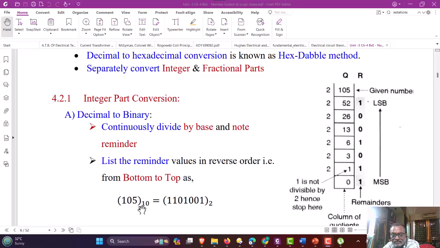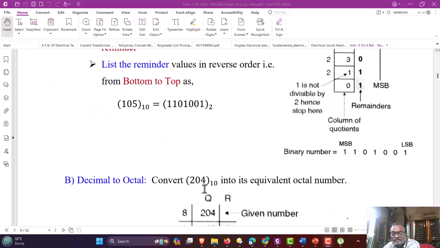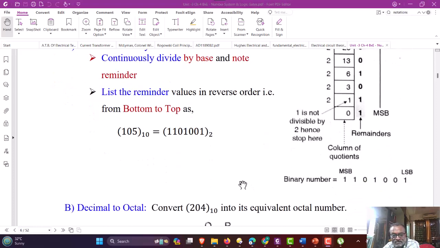So therefore, 105 decimal is converted to 1101001 binary as shown here. So what have we done? We have taken the number, continuously divided it by 2 and noted the remainder. The first remainder is the LSB and the last remainder is the MSB. And the division process automatically stops when the quotient becomes 0.